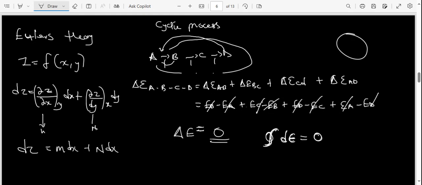So from there, since I'm able to have this, now when these two things are equal, I'll say Euler's theorem is actually about a state function. It is trying to describe the state function.